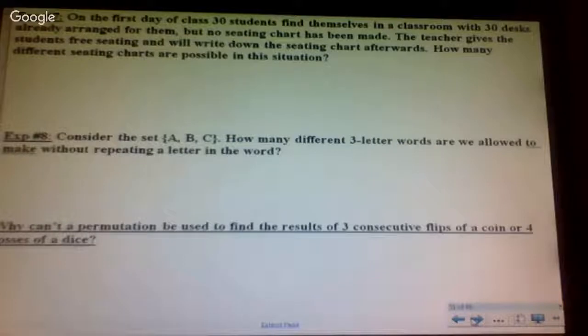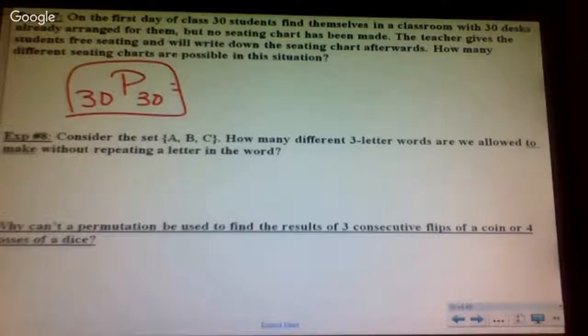So, what's my starting number? 30. What's my ending number? 30. Okay, you're going to get 2.65 e to the 32nd. When you get something like that, just leave your answer as this. I'm good. Okay. When it doesn't give you a straight up answer, just leave it as permutations.